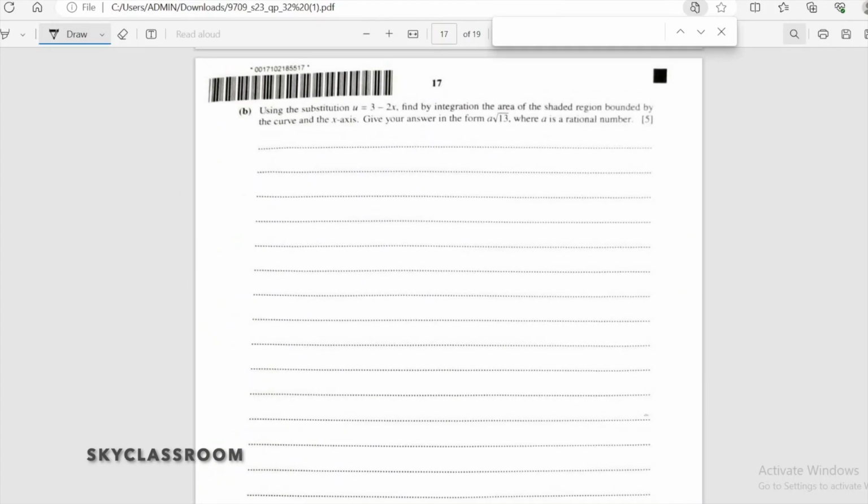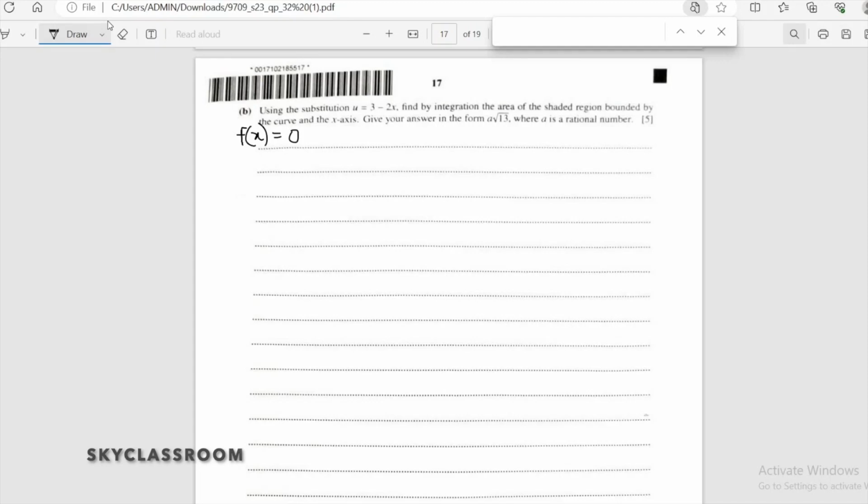Now, area bounded by the curve and the x-axis. This means that we are going to equate the curve f of x to be 0, because it's bounded by the curve and the x-axis, so you can get the values of x.